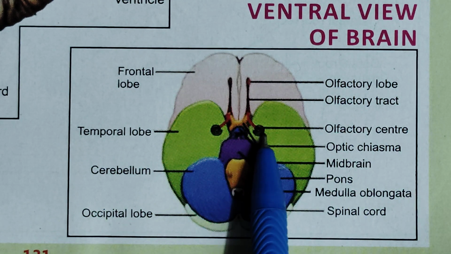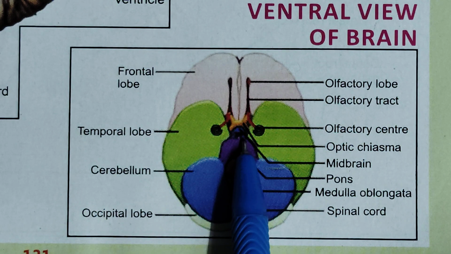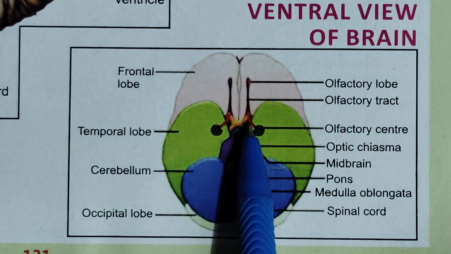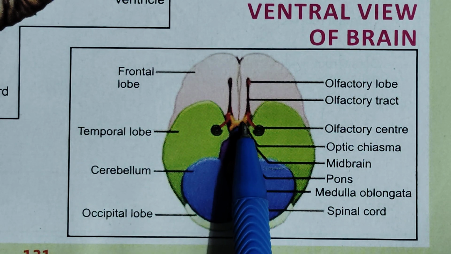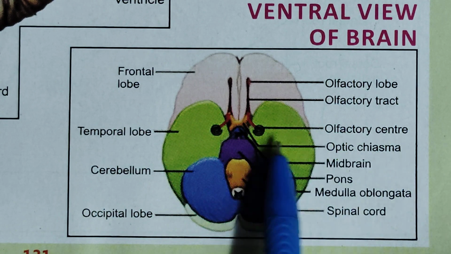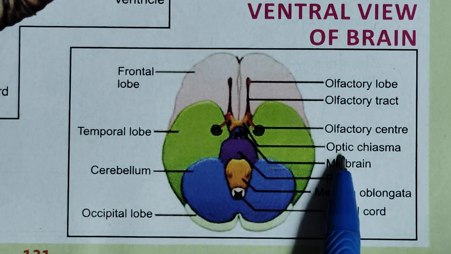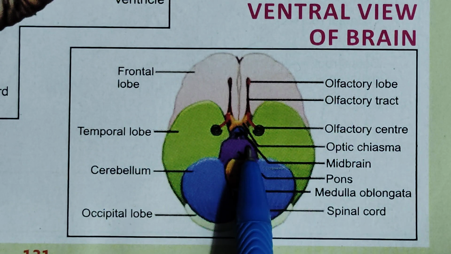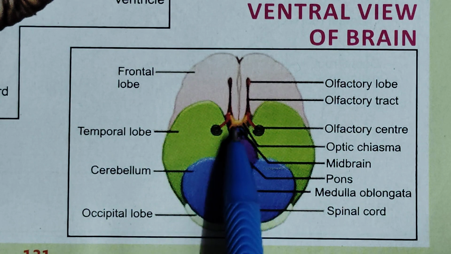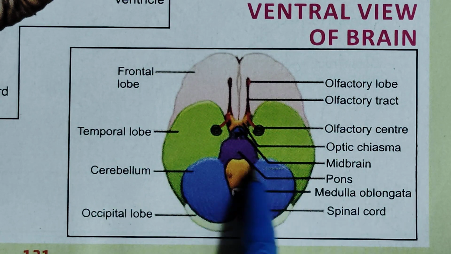Then there is the circular part, the olfactory center. After it there is the orange color olfactory chiasma. Then the middle part of the brain is called the midbrain. Next is the pons, violet in color.